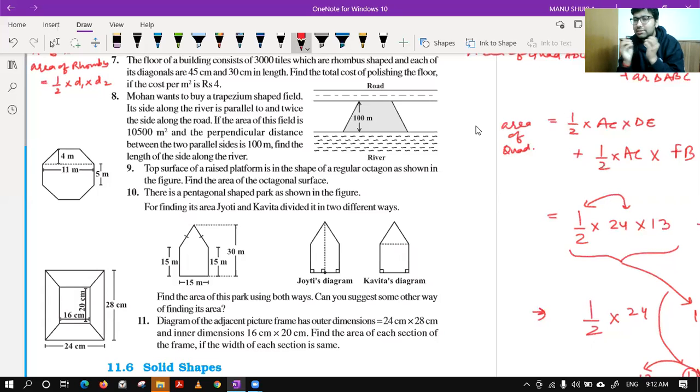Again, you have to write the statement, a very simple statement as we have used before. You will write area of the floor on the left hand side is equal to what? Area of floor equals area of one tile multiplied by 3000.